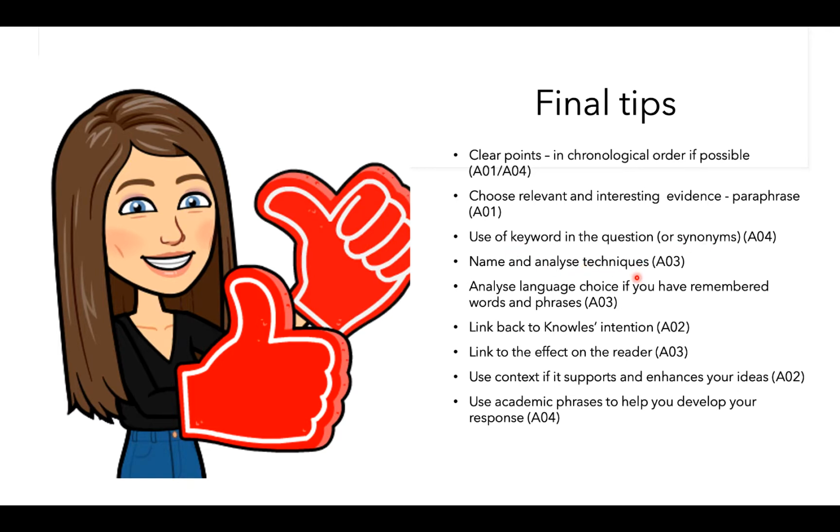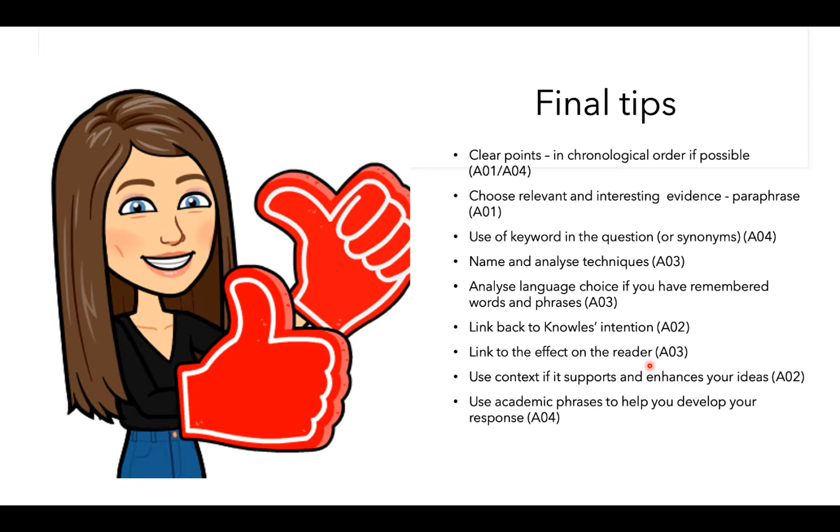It does not have to be language, so you may have fewer language techniques here than you would have if you were doing the extract question, but that's okay as long as you've still got a range of things you're commenting on. Analyse language if you've remembered the words and phrases. Try and link back to Knowles' intention. Like I said, throw his name in there, and then it forces you to talk about a decision that he's made and why. Link back to the effect on the reader.